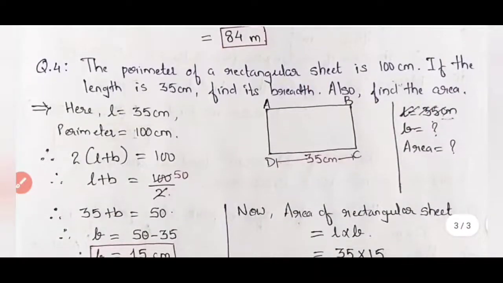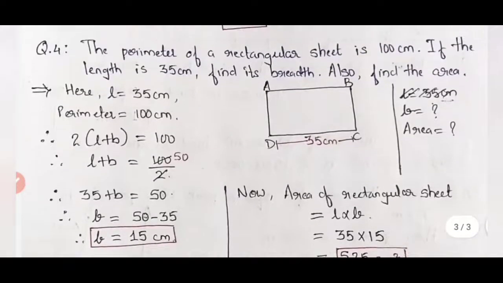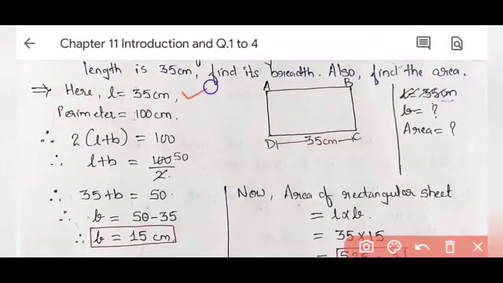We will write like this. Here length is equal to 35 centimeter. Also what you know is that perimeter is 100 centimeter which they have given us. But perimeter we can write as 2 into bracket L plus B. This 2 which is in multiplication will go into division.